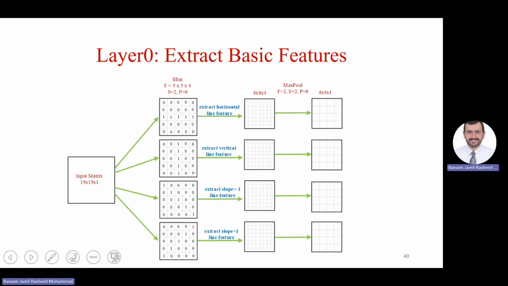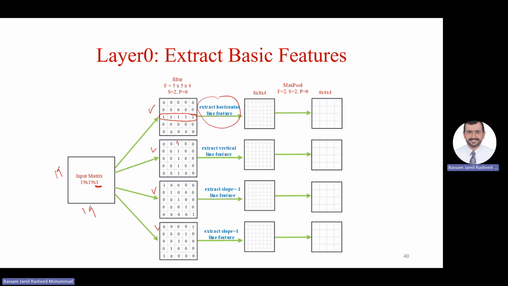I take the image, which is 19 by 19 by one channel, a depth of 1, and I convolve it with these fixed filters or kernels. To extract the horizontal line, all the values of this filter are zeros except a horizontal line of ones at the middle, and so this will extract whether there is a horizontal line.